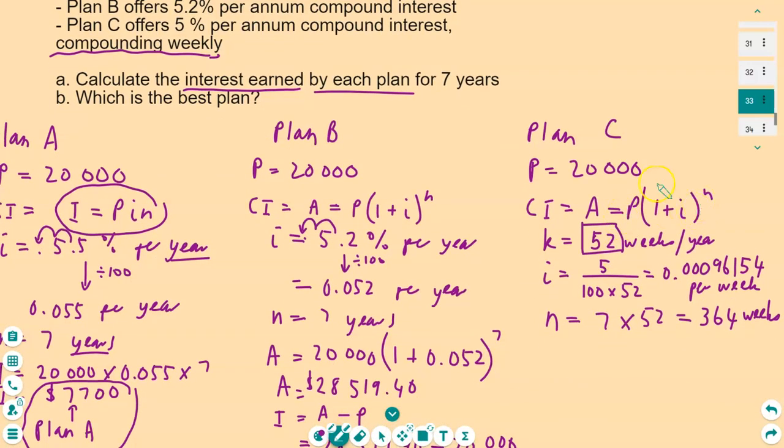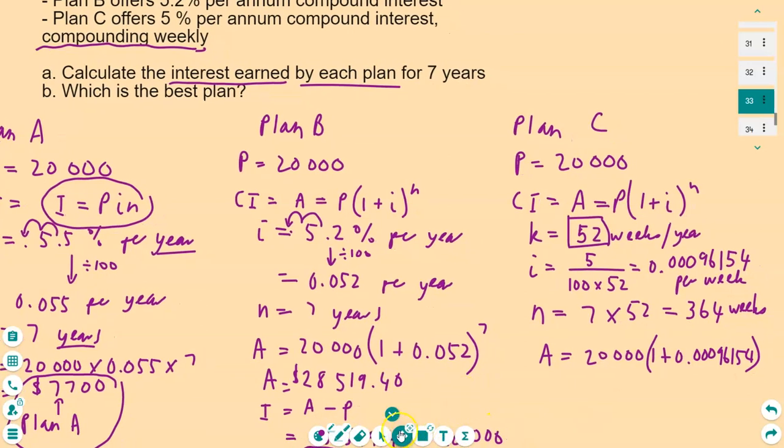Keep going. Let's find A. A is P, 20,000, times 1 plus I, 0.00096154, to the power of 364.